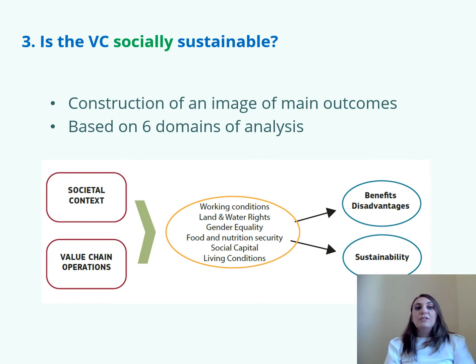The purpose of the social analysis is to assess the established and potential consequences, be they benefits or disadvantages, of value chain operations. The social expert puts under the lens of his or her analysis in particular 6 domains, which are working conditions, land and water rights, gender equality, food and nutrition security, social capital, and living conditions.